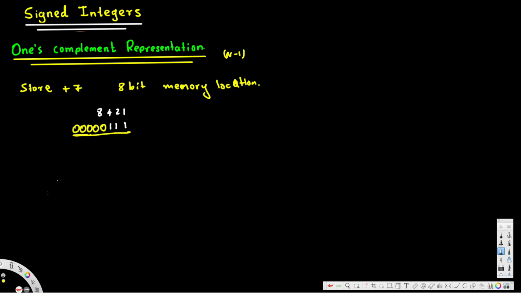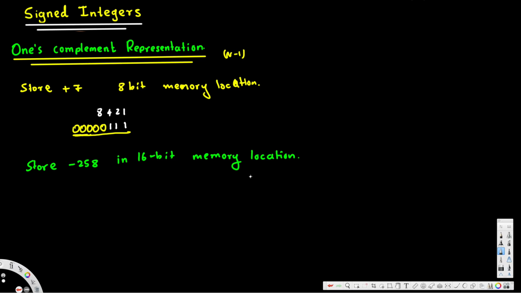Okay, now let's look at a negative number so we can see it clearly. Let's say we are asked to store negative 258 in a 16-bit memory location. First of all, we have to write the binary for 258.